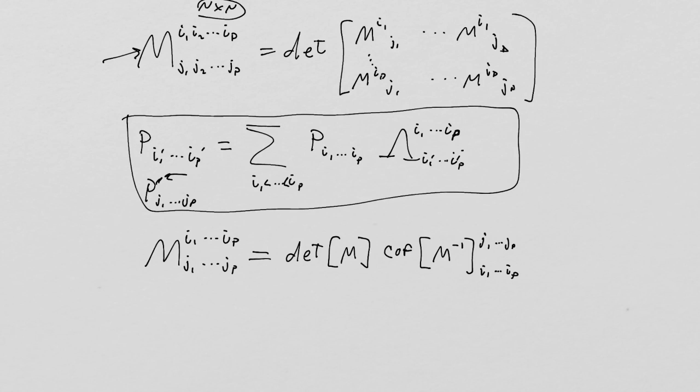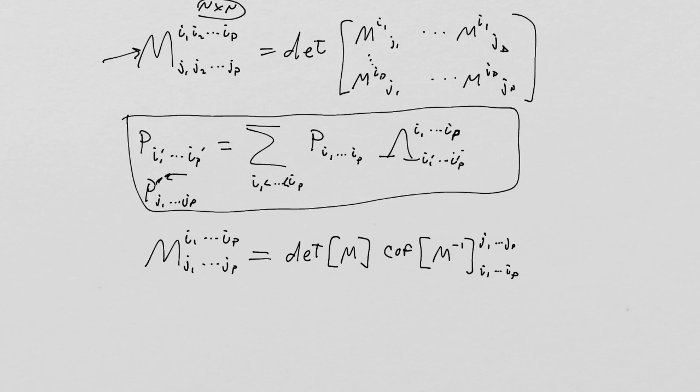Remember that this cofactor is also a determinant, but it's a determinant multiplied by another factor that comes from a Levi-Civita symbol combination. You can go back to the determinant lesson, but it's the cofactor of the minor matrix.